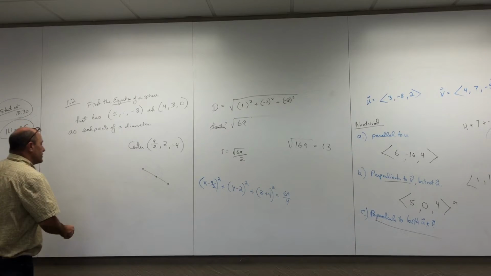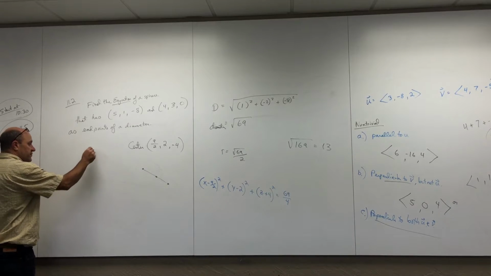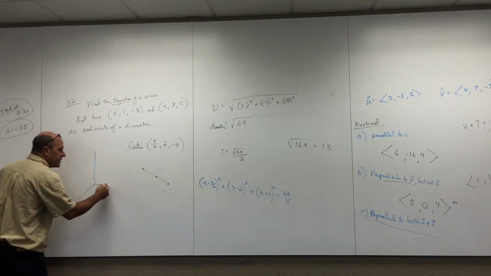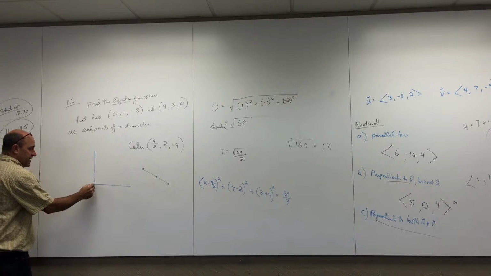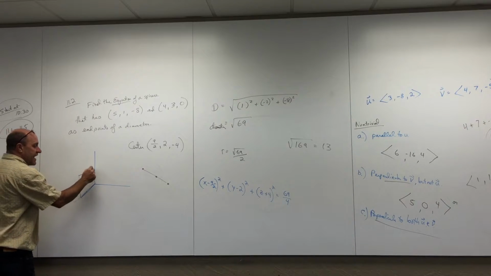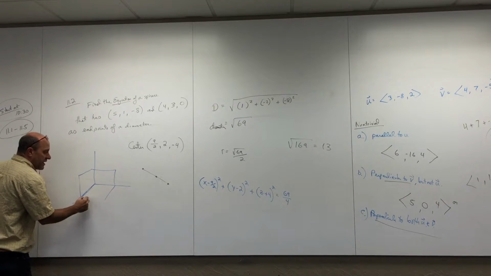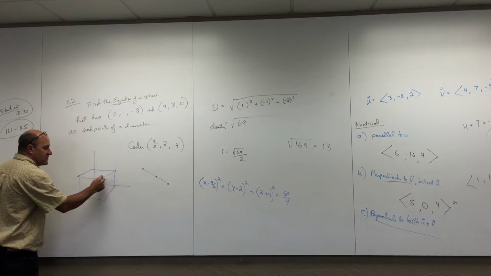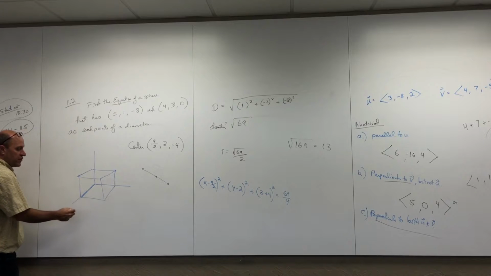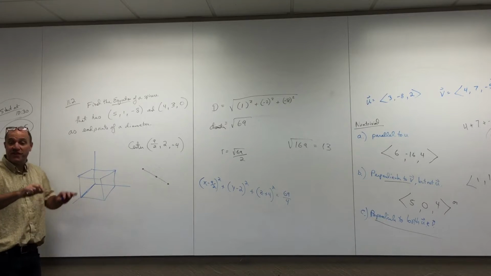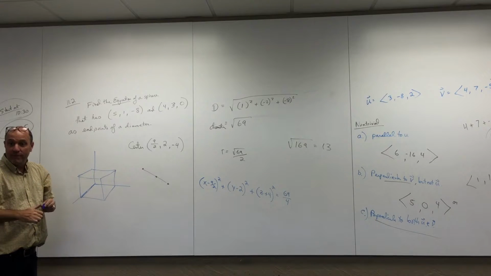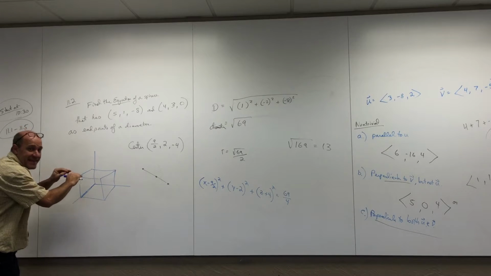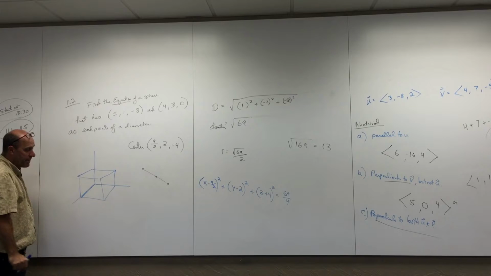I asked you the other day in class, since we're on this little topic of spheres, I made a cube here. I said I had a cube of sides 1, a 1 by 1 by 1 cube. And I asked you for the sphere that circumscribed it, or then I also thought about inscribing the sphere.